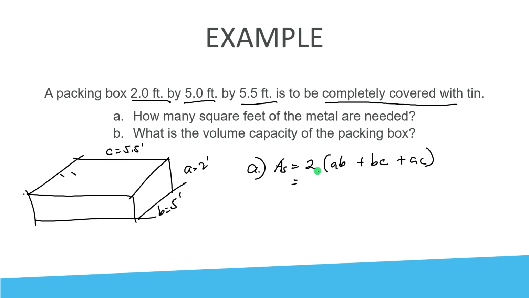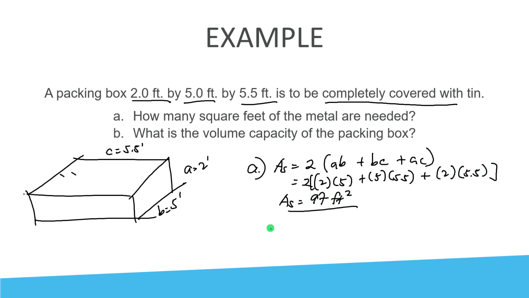So we have here 2 times 2 times 5 plus 5 times 5.5 plus 2 times 5.5. Computing that, we have a total surface area of 97 square feet. For the volume capacity, just multiply the length, width, and height: 2 feet, 5 feet, and 5.5 feet. We have a total volume of 55.0 cubic feet.